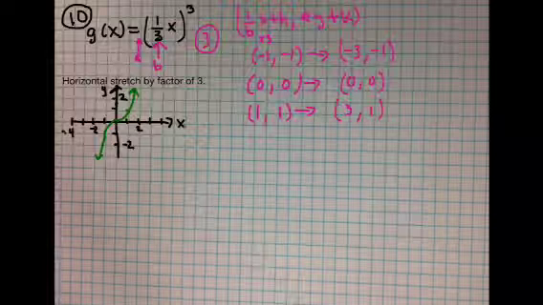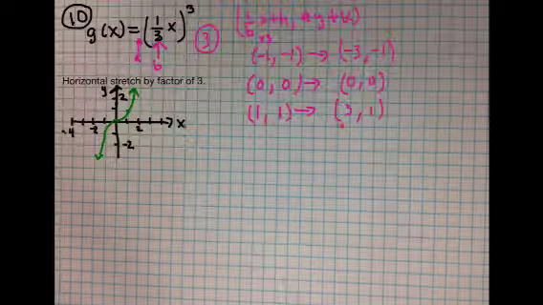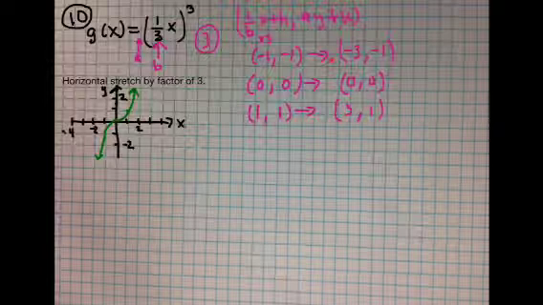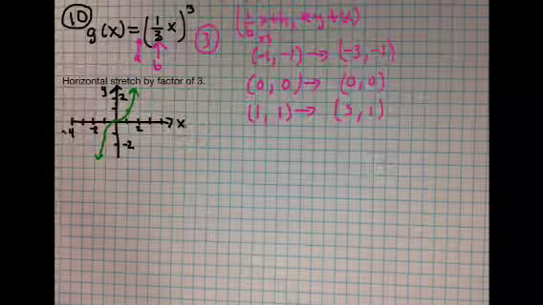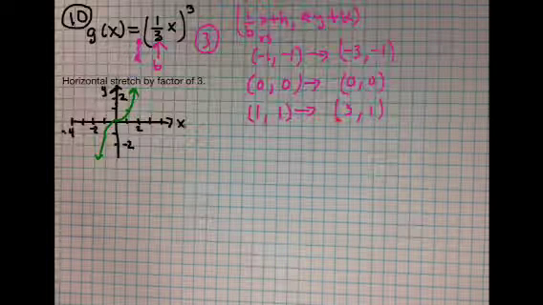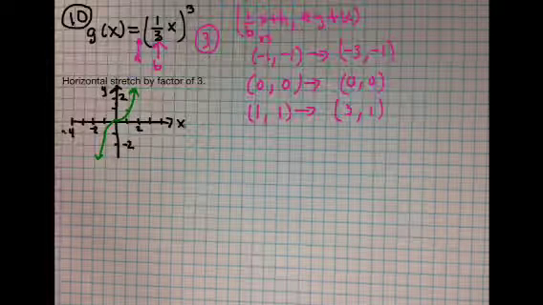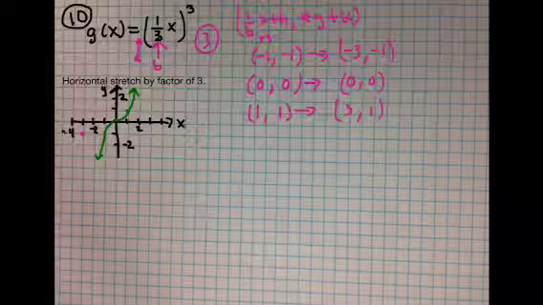So these points right here are the ones that are g of x points. Okay, these are the points that are associated with g of x. So now I'm going to plot them. Negative 3, negative 1, 0, 0, and 3, 1.